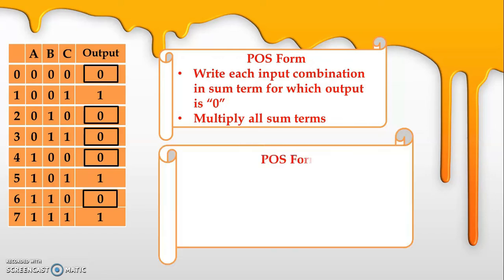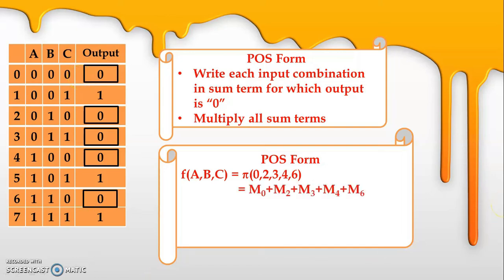If we write a POS form, then f of ABC can be written as Pi of the bracket 0, 2, 3, 4, 6. So Pi indicates POS form, and 0, 2, 3, 4 and 6 are the decimal equivalent numbers for which we are getting output 0.